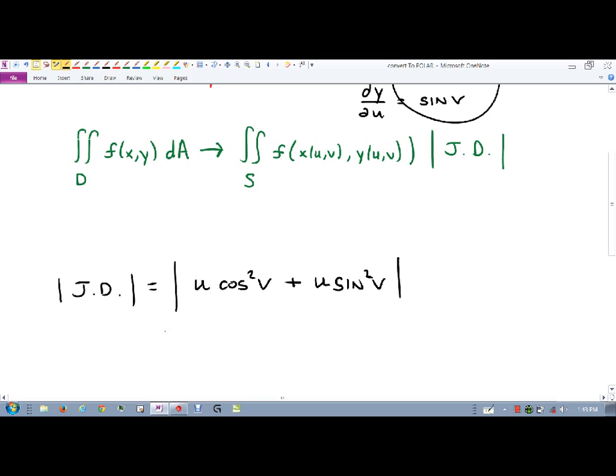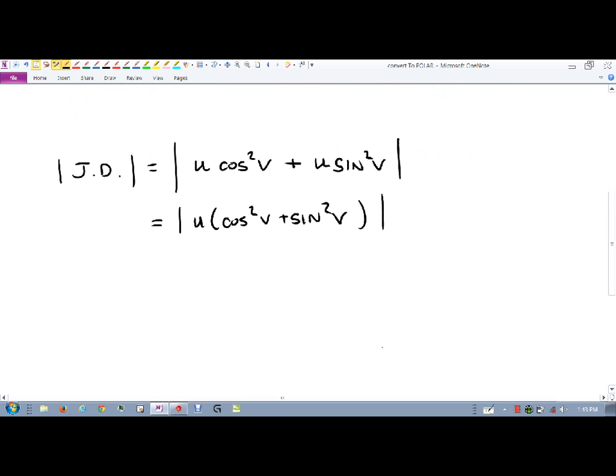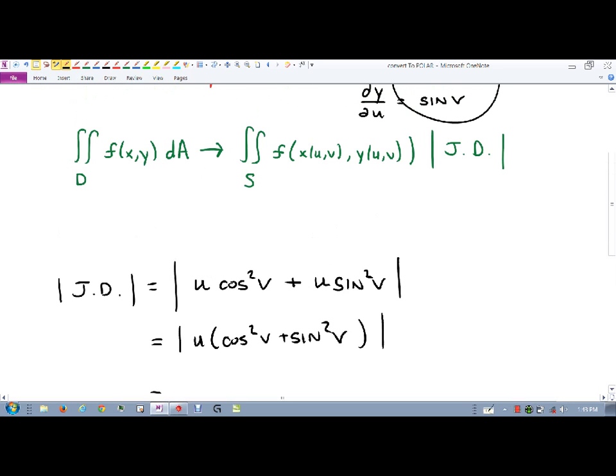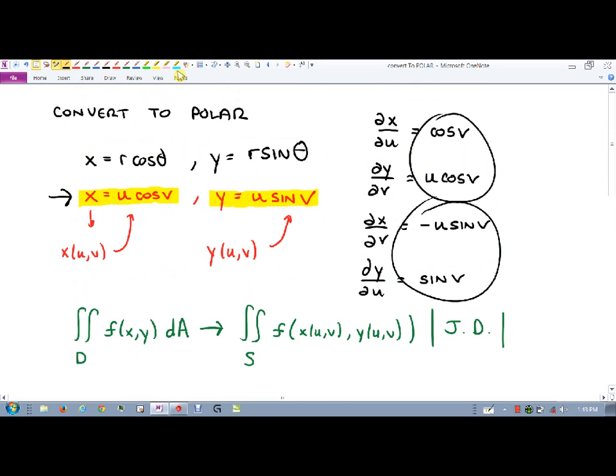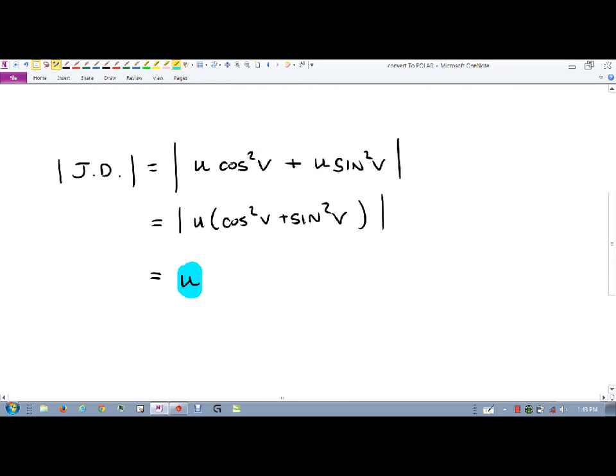And I can factor a u out, right? And cosine squared v plus sine squared v is 1. So you just get the magnitude of u, which is just u, as long as u is positive here. We're good. Just u. And what was u? u is r. So the thing that pops into the integral will be r if you go and do a polar conversion. All right?